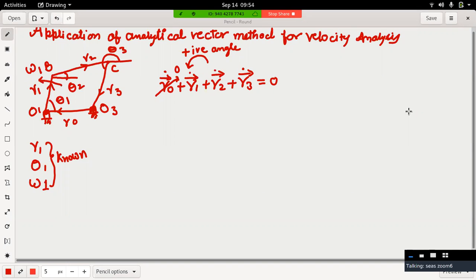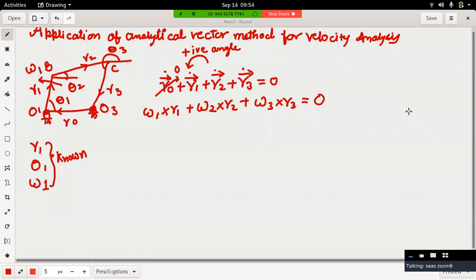Further expanding this, the differentiation of R1 is velocity, which can be written as omega 1 cross R1, plus omega 2 cross R2, plus omega 3 cross R3 is equal to 0.